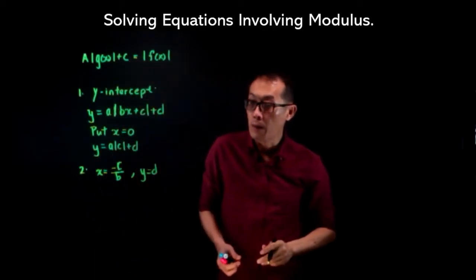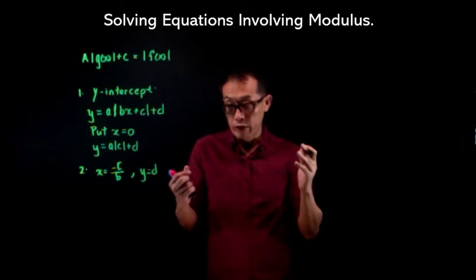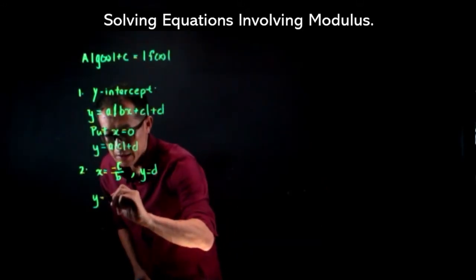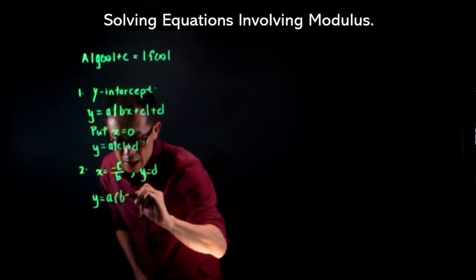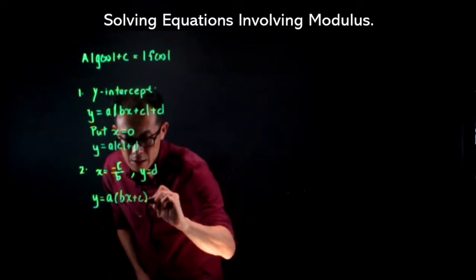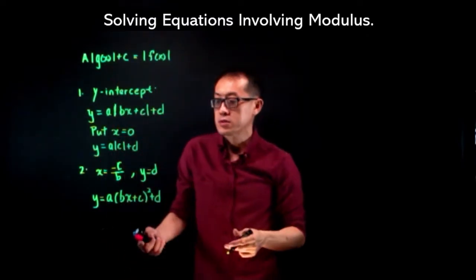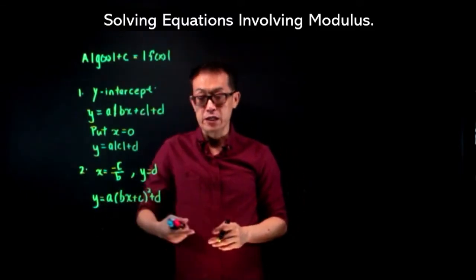Now, I want you to compare this to completing the square for your quadratic graph. Let's say you're given a quadratic graph y equals a times bx plus c, squared, plus d. What is the turning point for this quadratic function?